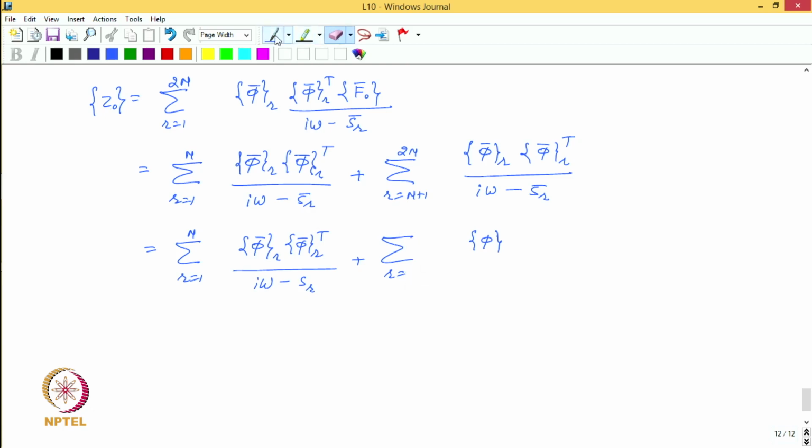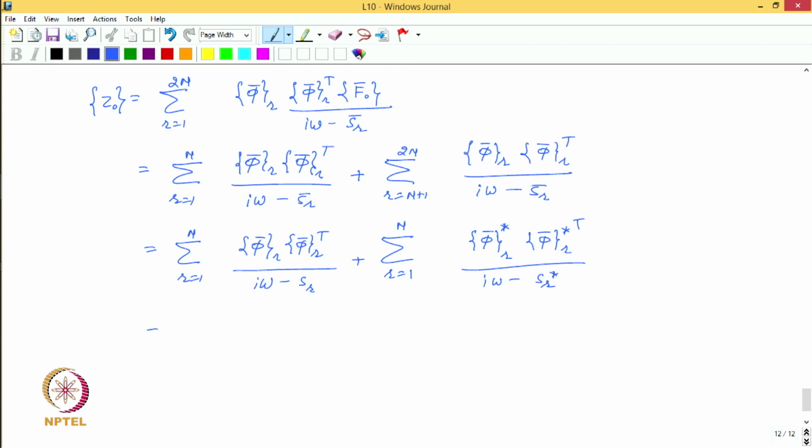We can simply say that it is from 1 to n, and this is now phi bar r transpose, and phi bar r star transpose, and this is nothing but I omega minus S r star.